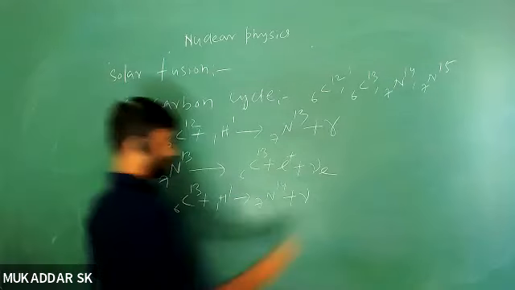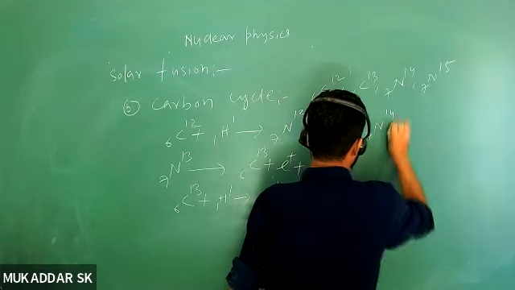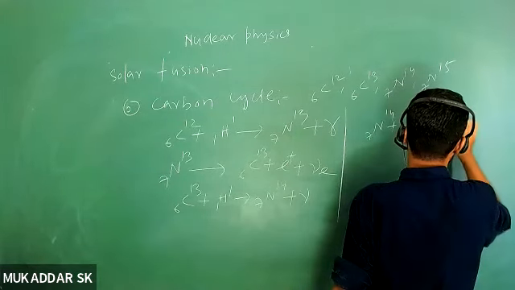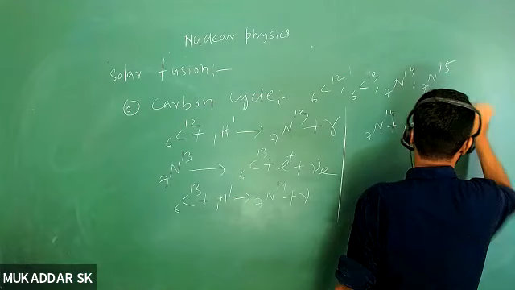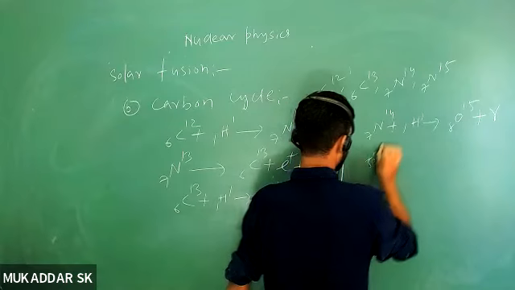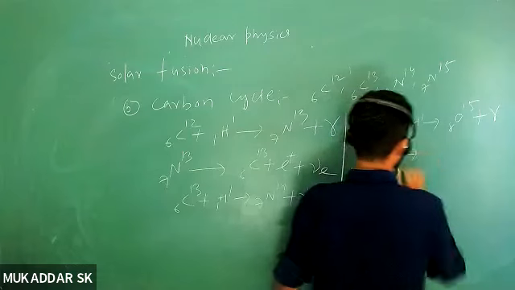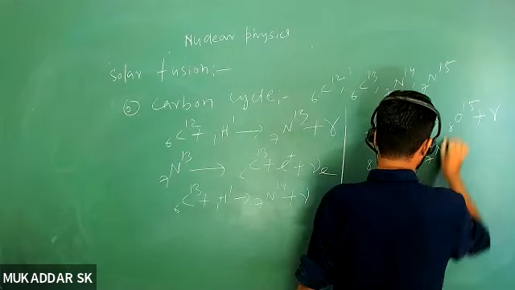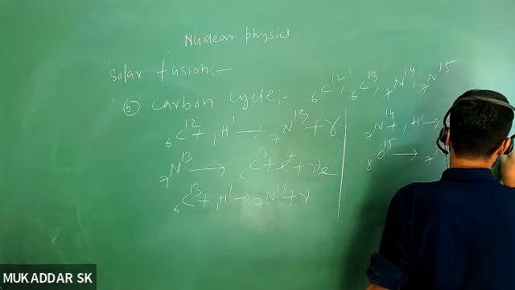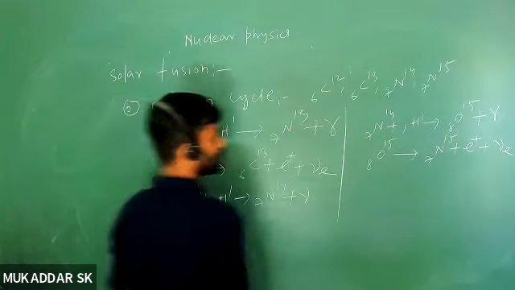Then nitrogen 7, 14 will combine with one hydrogen, it will give you oxygen 8, 15 and there is emission of gamma. Now oxygen 8, 15 will decay to nitrogen 7, 15 plus positron emission plus neutrino.